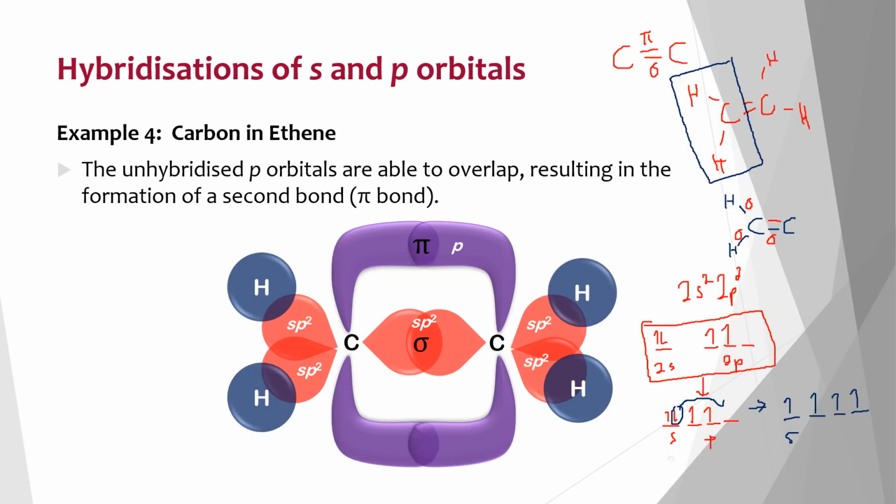So this is S and this is P. It will use the electron from the S and 2 electrons from the P orbitals only. For example, it will use the S electron to form a bond with the other carbon, and this 2p orbital will be used to form a sigma bond with the hydrogen.